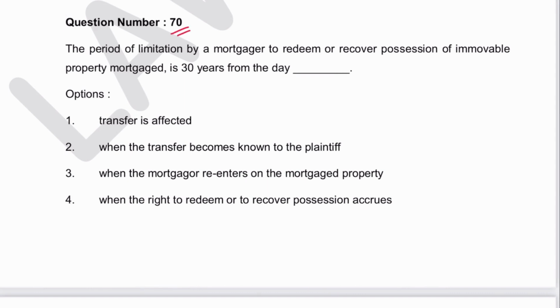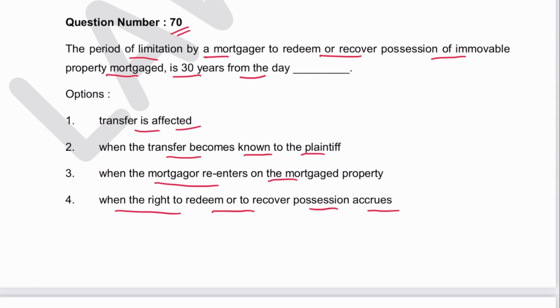Next is 70. The period of limitation by a mortgagor to redeem or recover possession of immovable property mortgaged is 30 years from the day dash when the transfer is effected, or when the transfer becomes known to the plaintiff, when the mortgagor re-enters, or when the right to redeem or recover possession accrues. 4 is the answer.